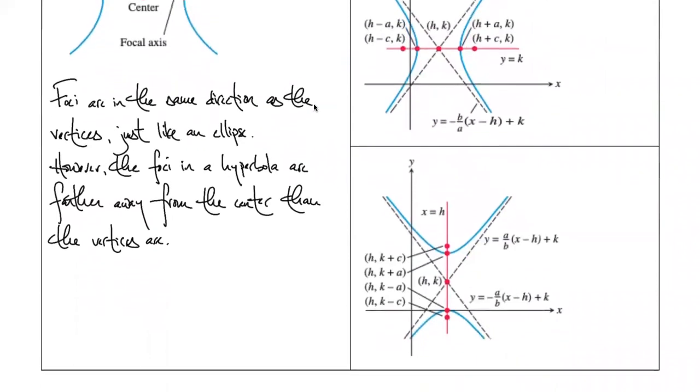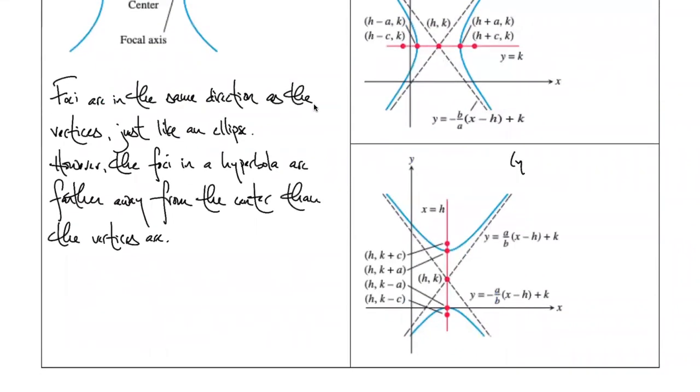But if we have the y first, y minus k squared over a squared minus x minus h squared over b squared equals 1, right? So if the y comes first, then we're going to end up with a hyperbola that opens up and down instead, okay?